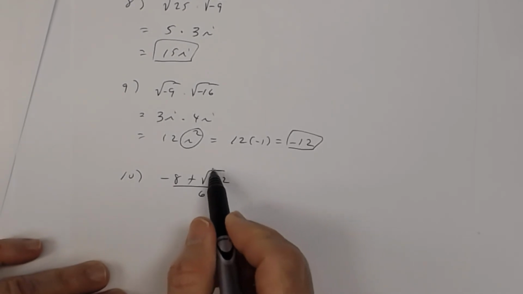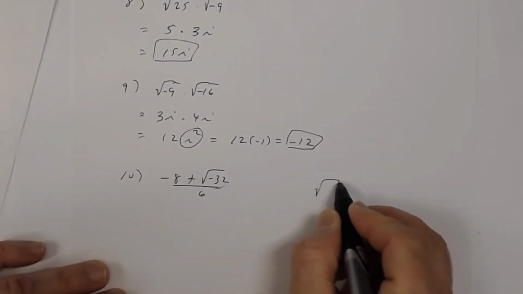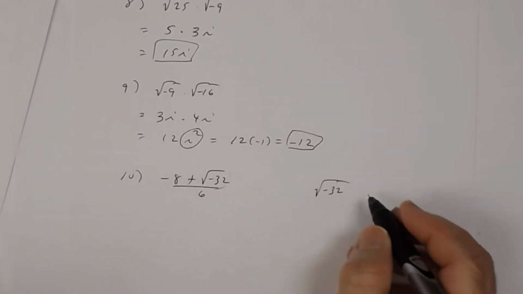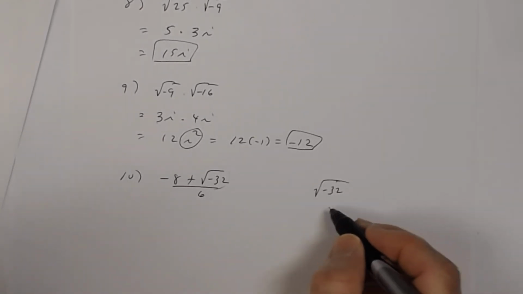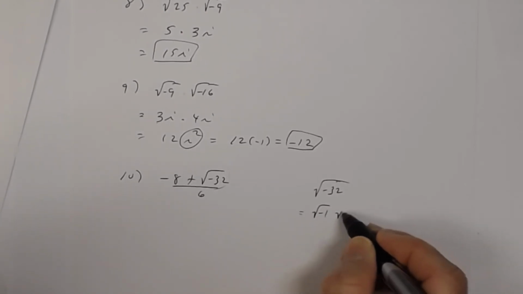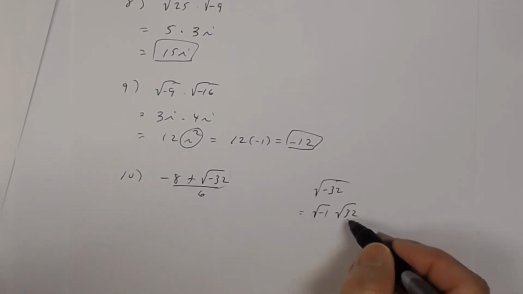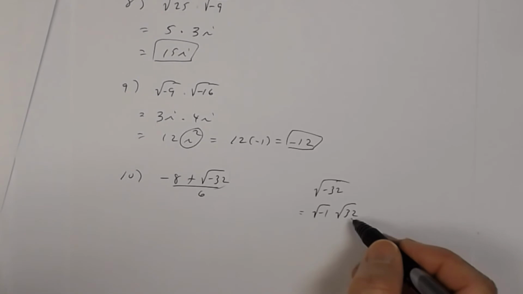So what I would do first is look at the square root of negative 32. Let's simplify this. So let's go off to the side and think about how to simplify this. We know the square root of negative 32 is defined to be the square root of a negative 1 times the square root of 32. And we know that there are several perfect squares that go into 32, the largest of which is 16.